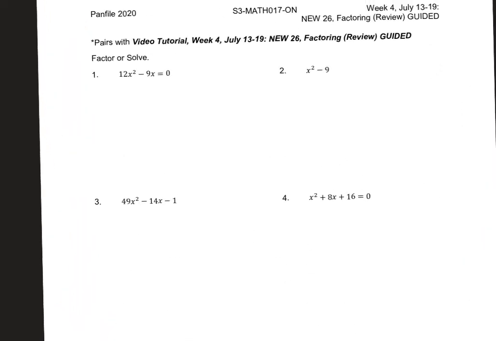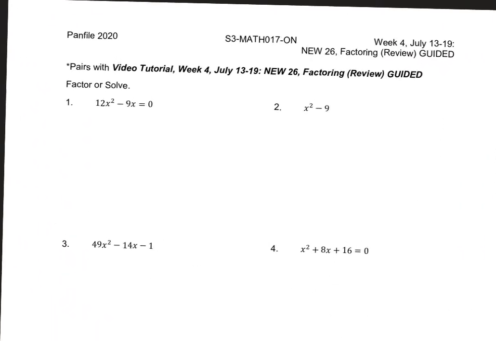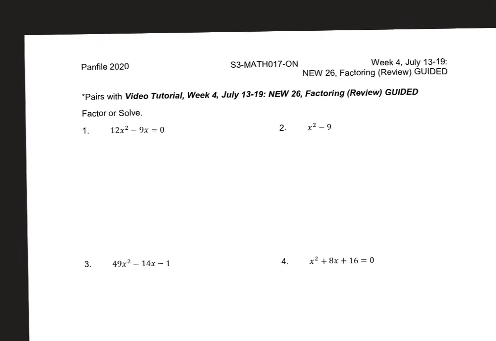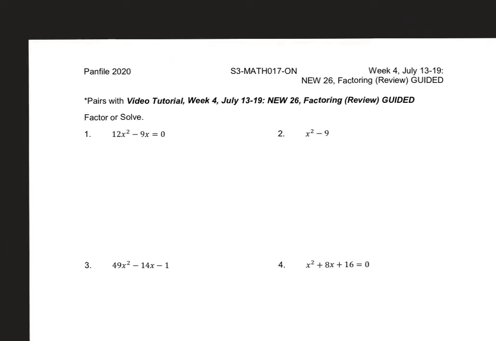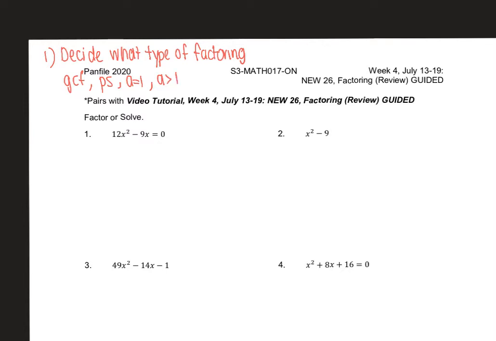All right, so if you look, a couple things. Number 1, decide what type of factoring. So remember your choices: you have GCF, perfect square, A equals 1, A is greater than 1.